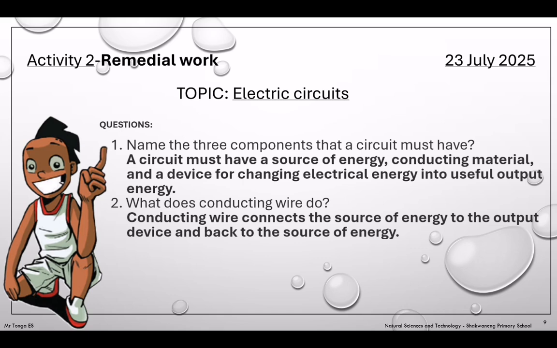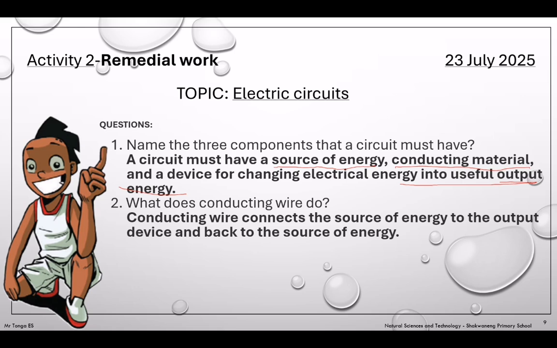Now let us go through the questions. Question number 1, which said name the 3 components that a circuit must have. We said a circuit must have a source of energy, it must have conducting material, and it must have an output device, which is a device that is converting the electrical energy into useful energy.